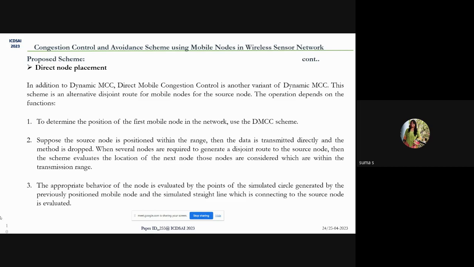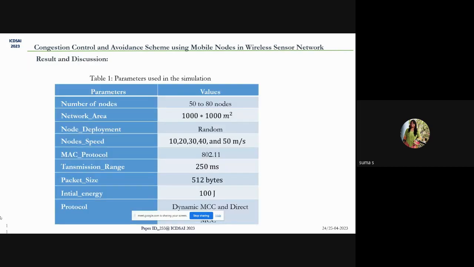Then further, the appropriate behavior of this node is evaluated at some point, that is within the range when it is positioned. Thus, from source to destination, the route is established. So these are the parameters which are being used.